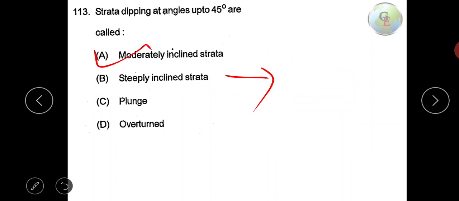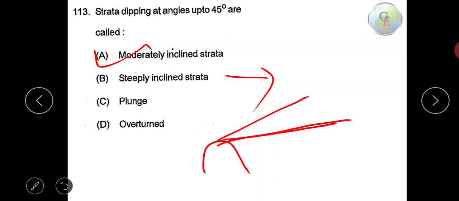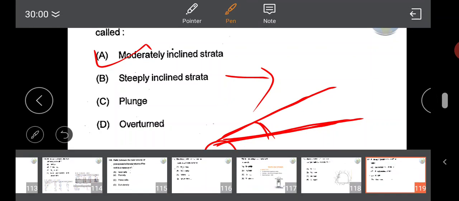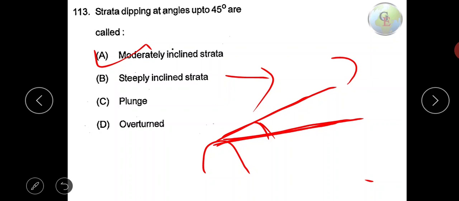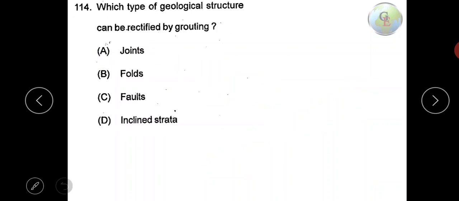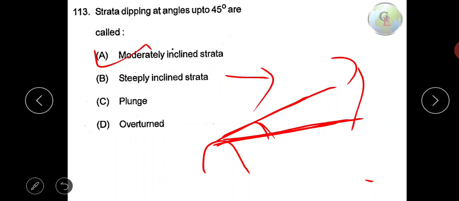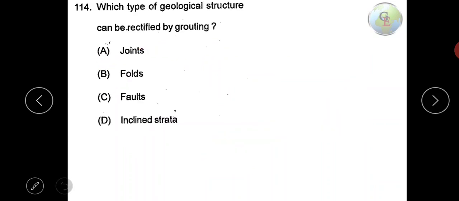Plunge, I have told before, is the angle between the horizontal and the fold axis, when the axis is dipping in this direction. And overturned is when a fold or fault is overturned. So the answer here will be moderately inclined strata.